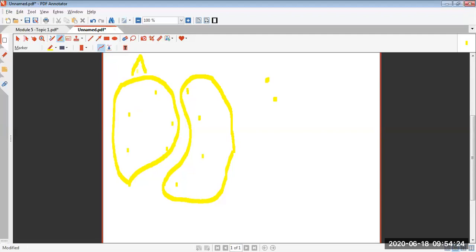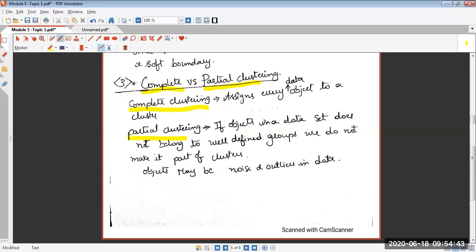So A is ready, B is ready. Please note all the data points have not been taken into consideration. Two data points were left out. This is what we call outliers. So this is partial clustering.